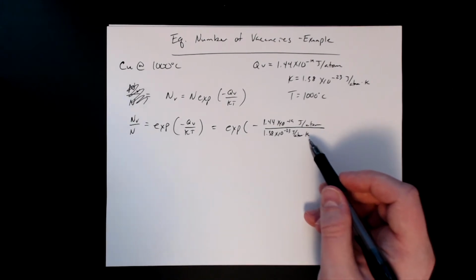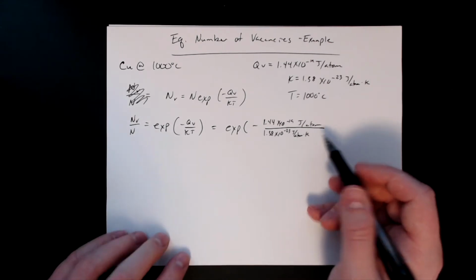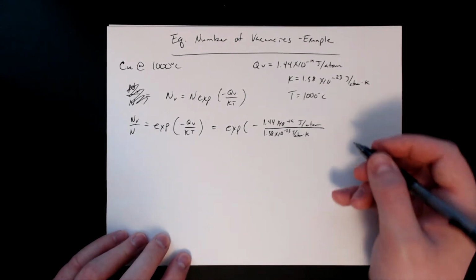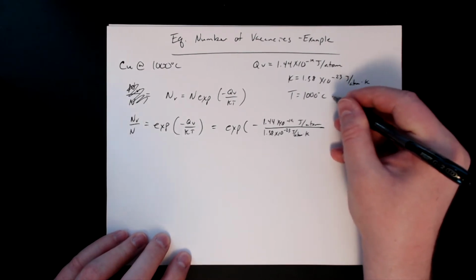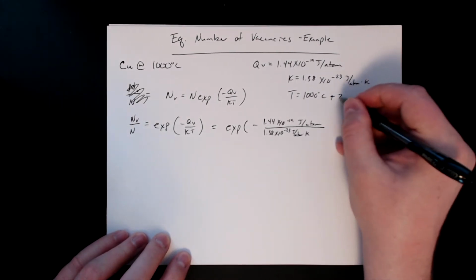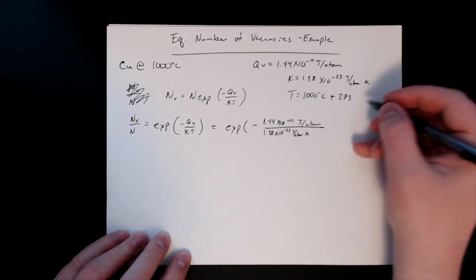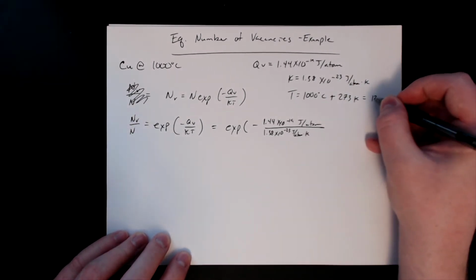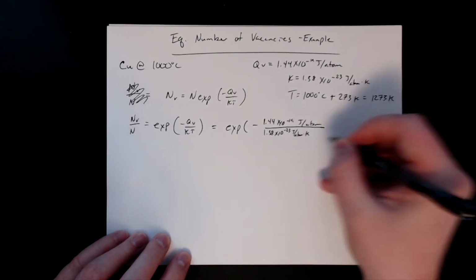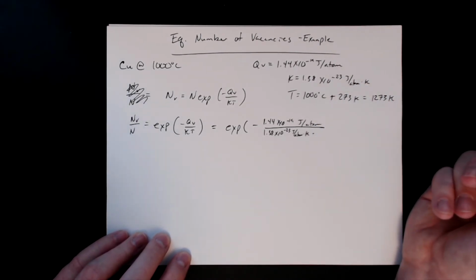Celsius and K don't cancel out in this type of an expression, so we do need to use not degrees, but the absolute temperature scale of Kelvin. And so to do that, we're going to add 273 or 273.15. Here I'm just going to use 273, and so that's 1273 K as our temperature, and we can plug that in.